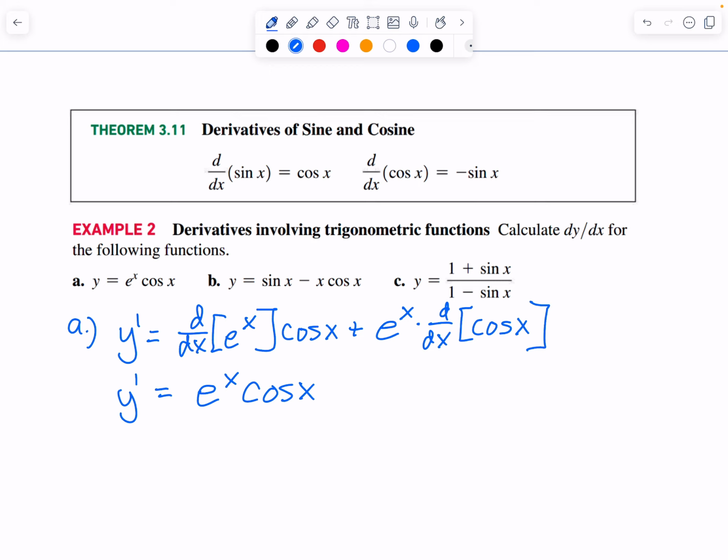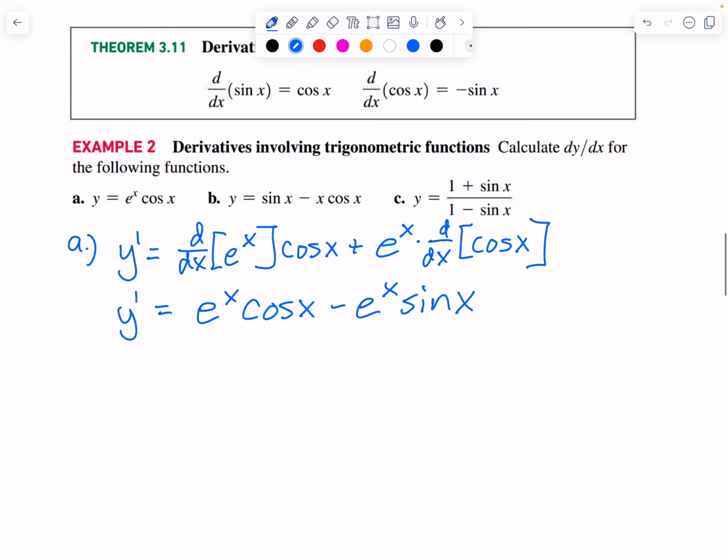And then the derivative of cosine, just like above, is negative sine x, so it's going to be negative e^x sine x. We don't have to go further, but I want to show you what we would do here if I had to. I would factor out that e to the x, and I can't do anything after this, but this would make my second derivative easier if I had to do it. But we don't have to here.